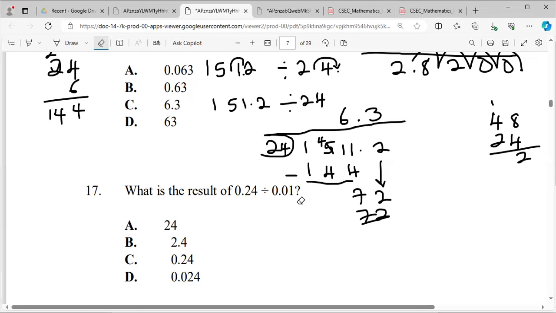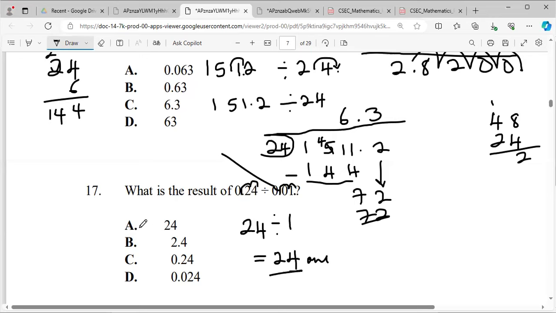What we do is what I just showed you, right? You move it 1, 2 until it becomes 1. So because you move this one 2 places to your right, you have to do the same for this. So it'd be 24 divided by 1, and 24 divided by 1 would still be 24.